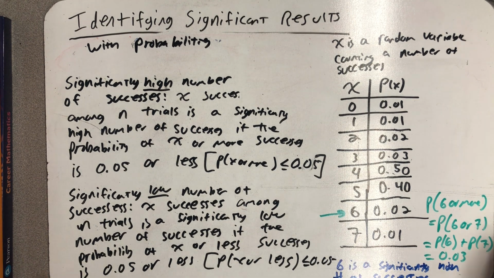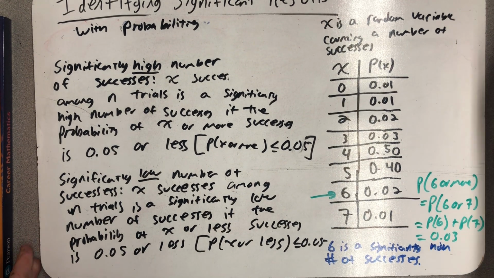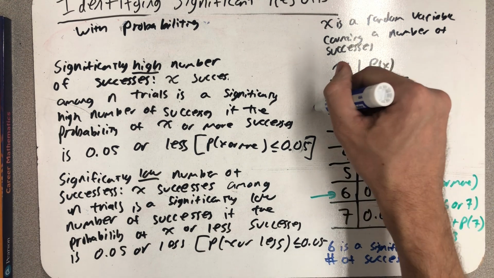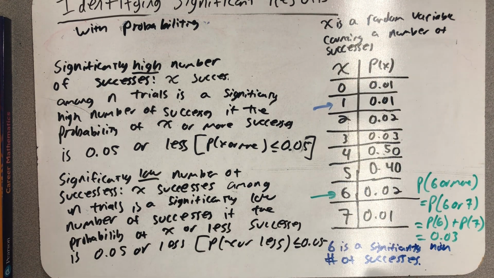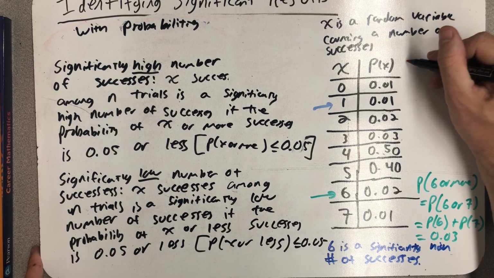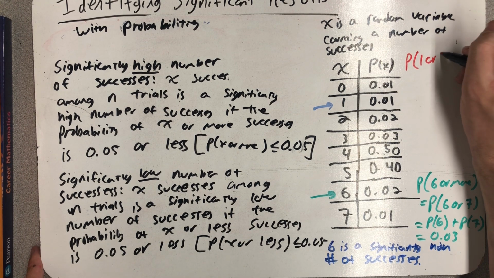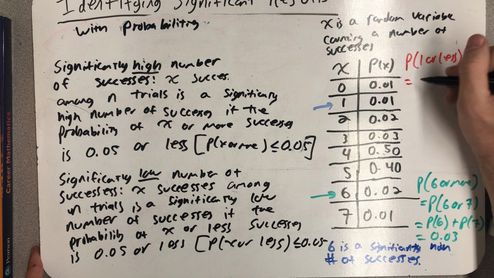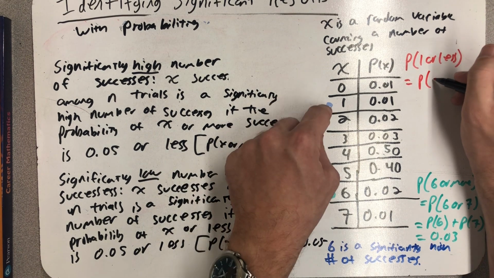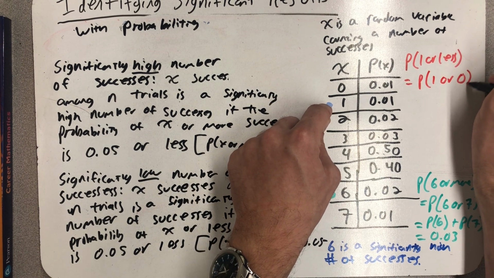So if I focused on one of the values in the table, like maybe I said 1, is 1 significantly low? Well, I'd have to calculate the probability of 1 or less. Well, here that would be the probability of 1 or the probability of 0.